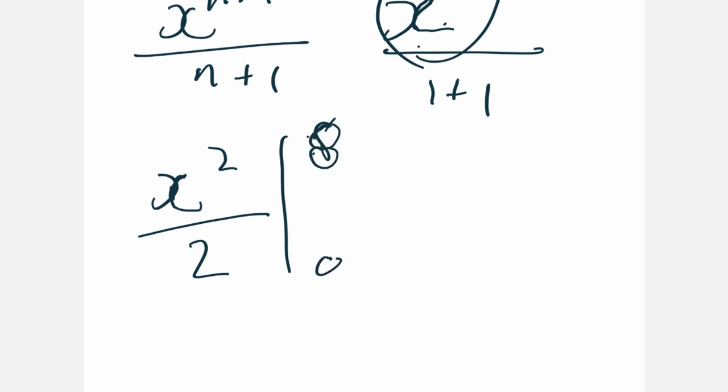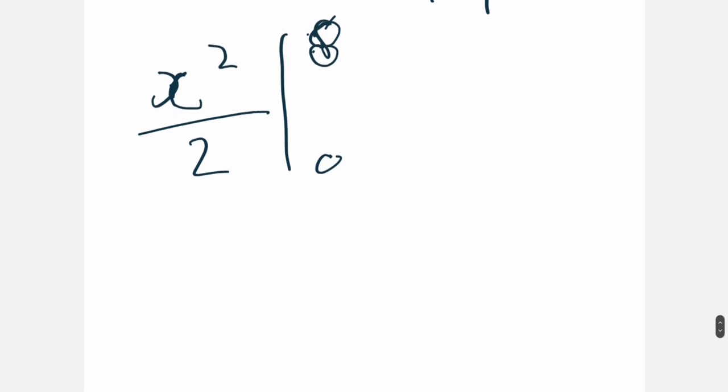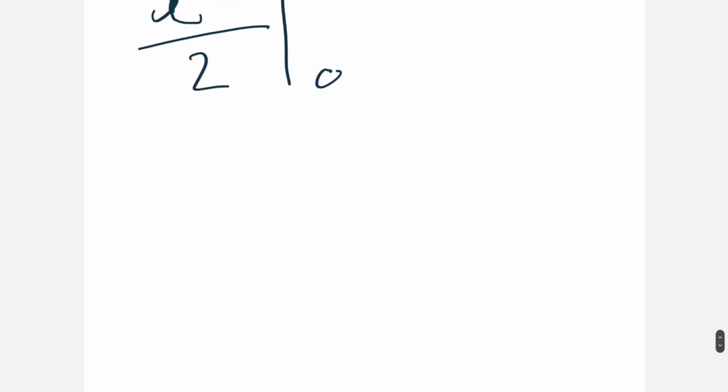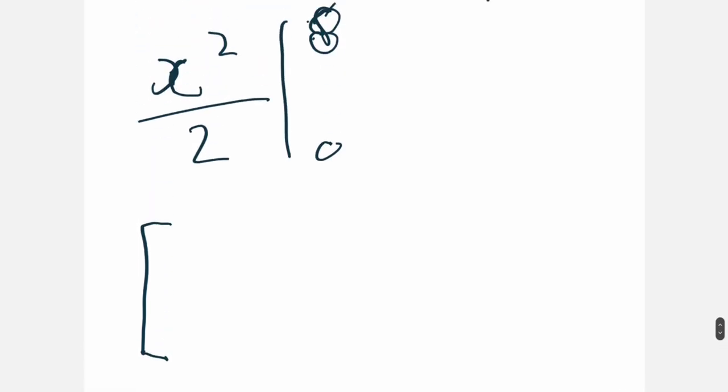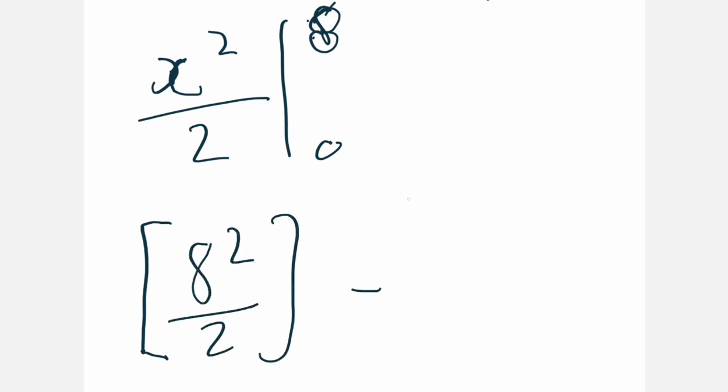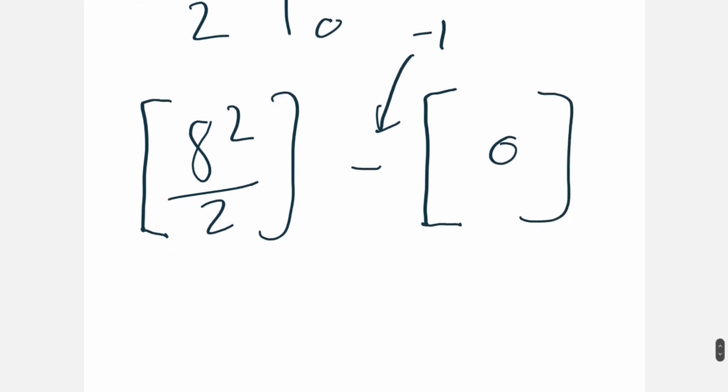That is a horrible looking 8, my fault, sorry. So it looks something like this. We plug the 8 in, so 8 squared over 2 minus, remember, over 0, minus 0, sorry.